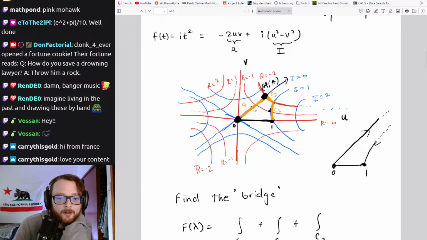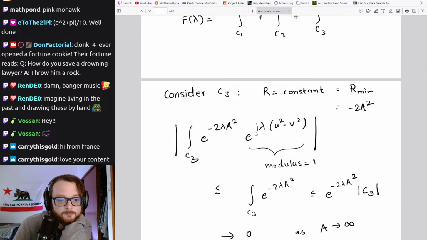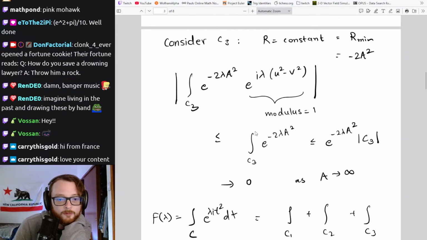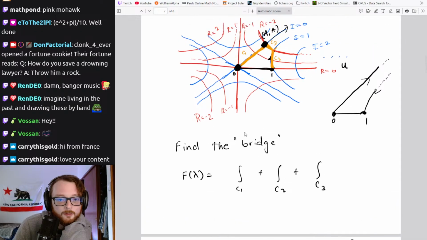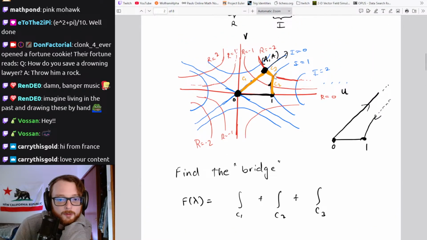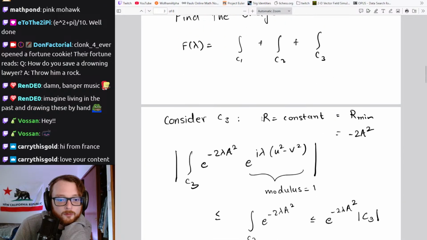A equals A defines any point on this I equals 0 line. On C3, the real part is constant.